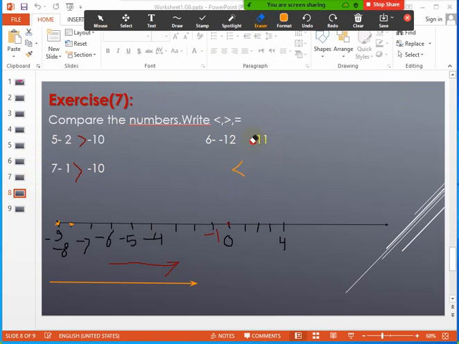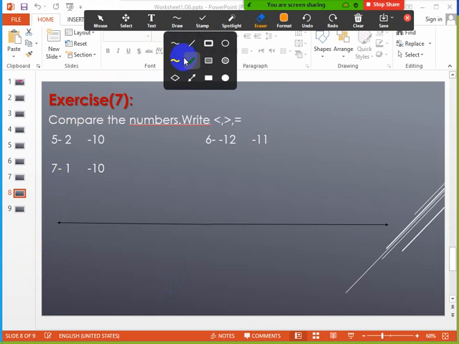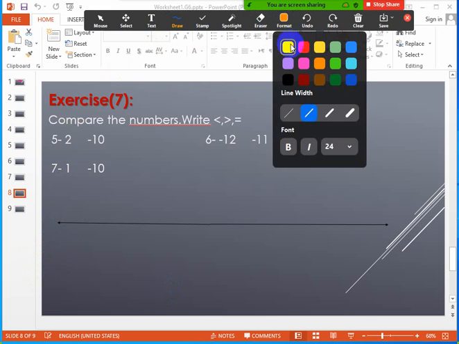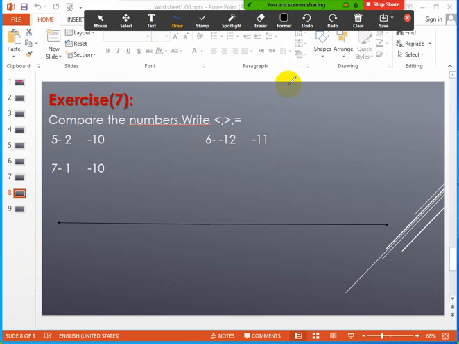Also, I have to compare between those numbers. I will divide the number line again and locate the numbers on the number line. This is 0. Here I have negative 10 and 2. So I will draw the negative 10 first.